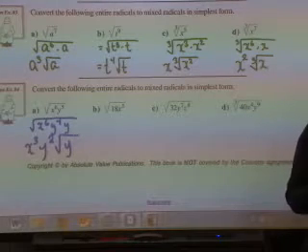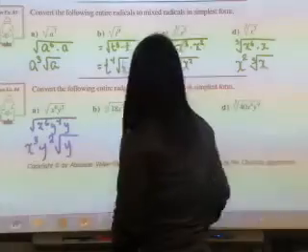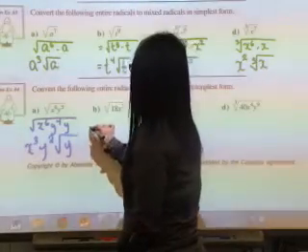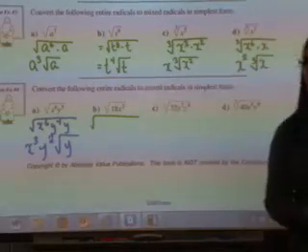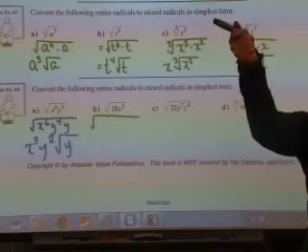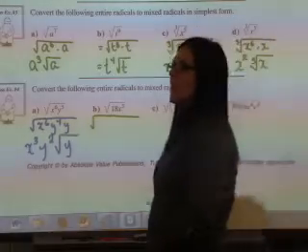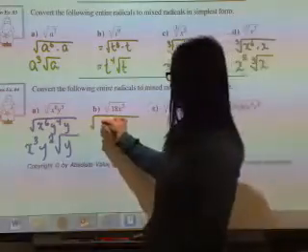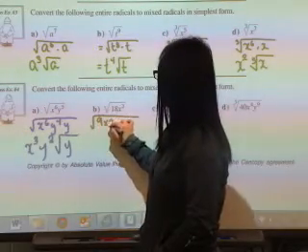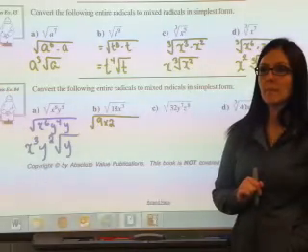Okay, in B, I have numbers and I have variables. So let's look at the number first. This is a square root. So can you think of a perfect square number, which are that column that's in the reds? Can you think of a number that I can divide evenly into 18? So I get 9 times 2. And then what do I need to do with my x cubes?